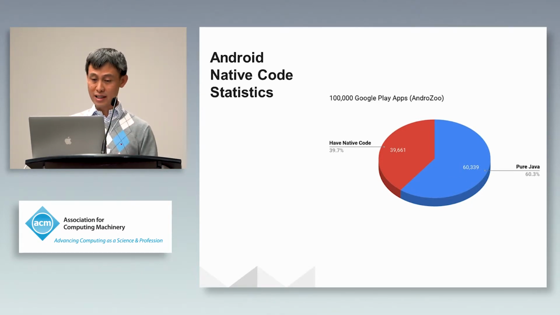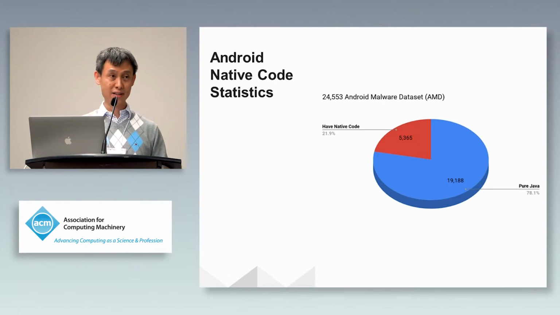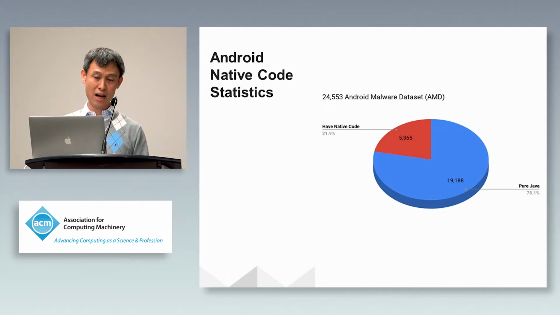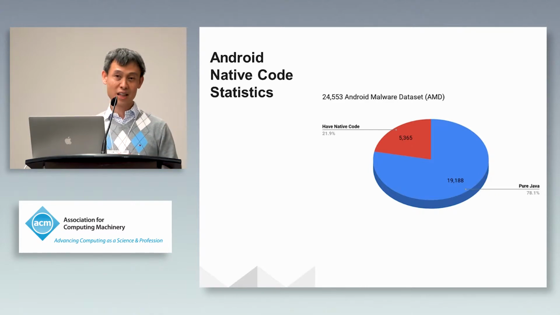Now we also turn to another data set, the Android malware data set, which is actually from my group as well. It has 24,000 Android malware samples. These are all malware from various sources. And out of those 24,000 malware apps, roughly 22% use native code. And then the rest only use Java, Dalvik. I use Dalvik and Java interchangeably for this talk, because presumably those Dalvik bytecode is produced from Java source code.